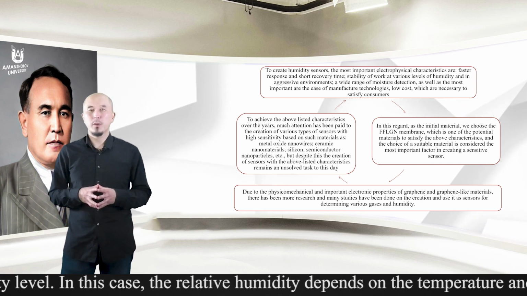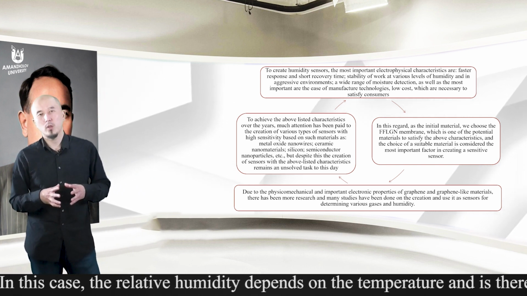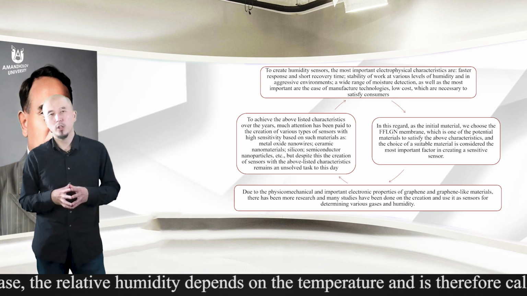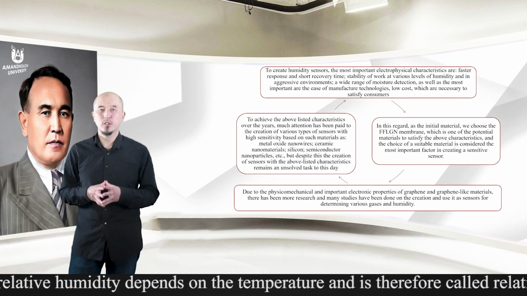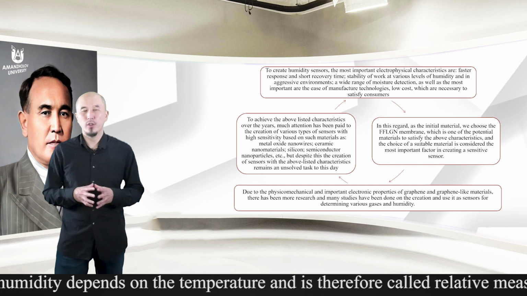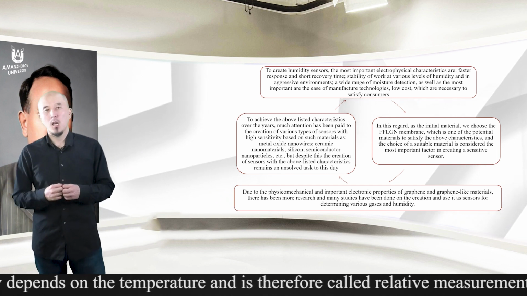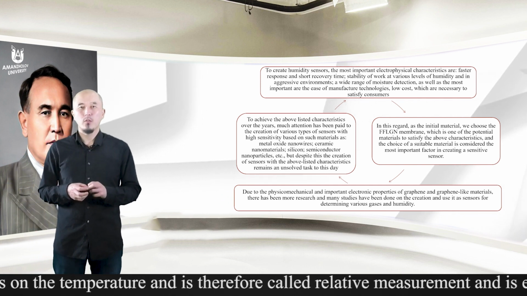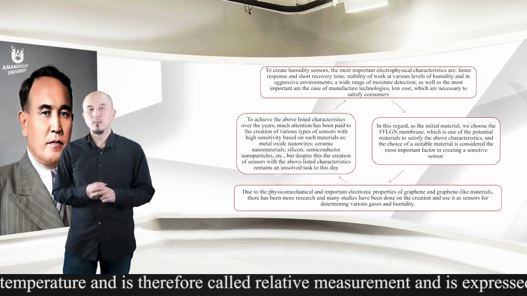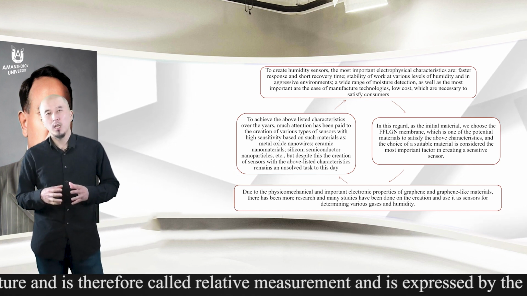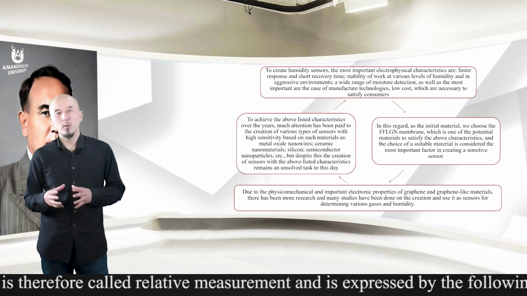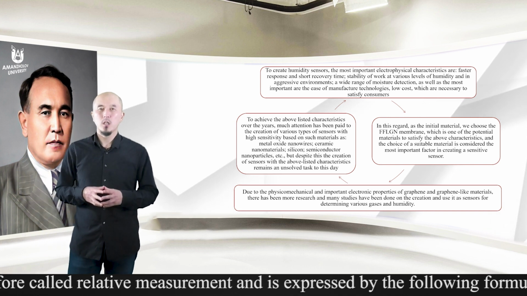We made a comparison of performance of humidity sensors based on FFLGN with similar types of humidity sensors, according to the following characteristics: dynamics of response and recovery, humidity detection range.